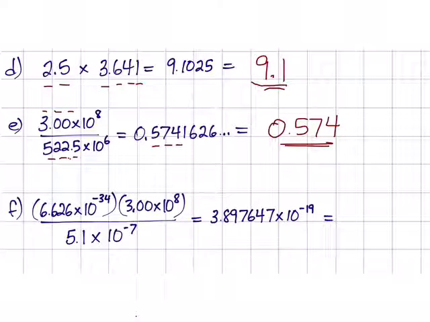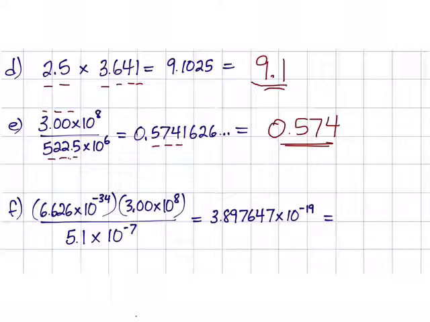So 6.626 times 10 to the minus 34 has 4 significant digits, multiplied by 3 significant digits, 3.00 times 10 to the 8, and then divided by 2 significant digits, 5.1 times 10 to the minus 7. Remember that the 10 to the minus 34, the 10 to the 8, 10 to the minus 7, those are not significant.